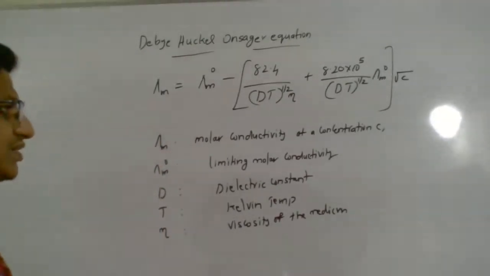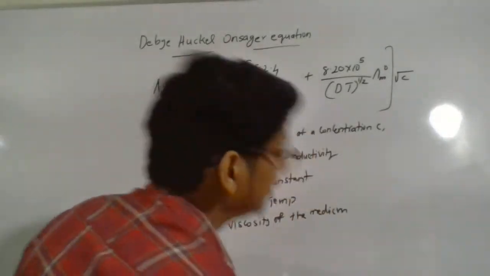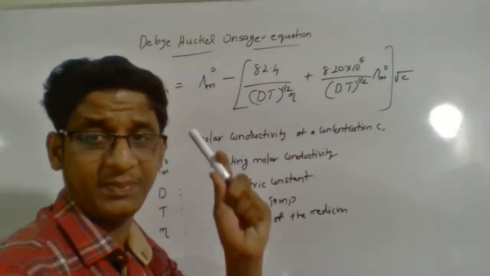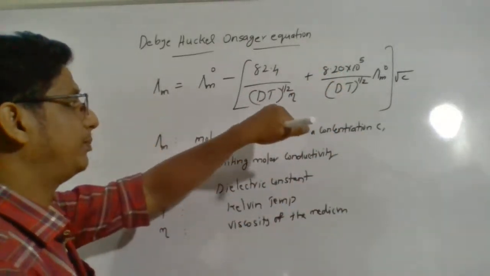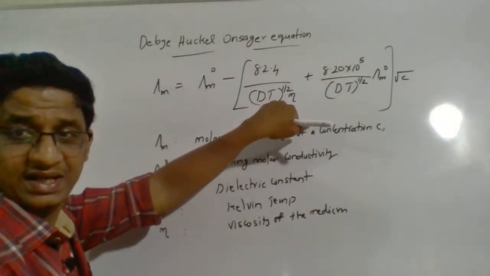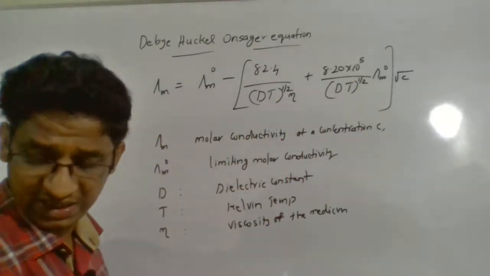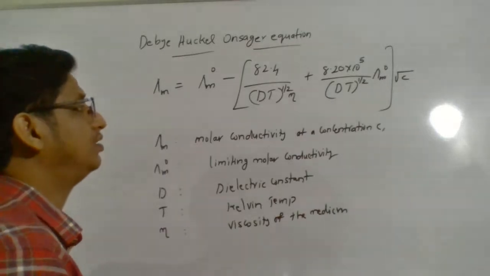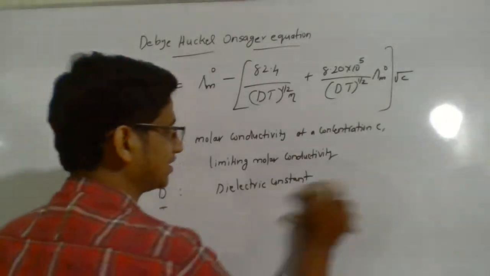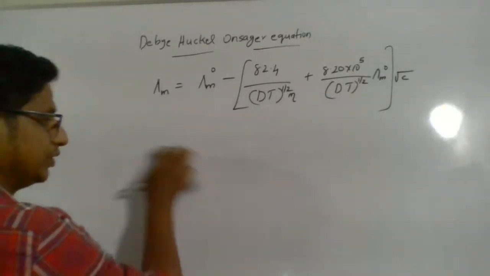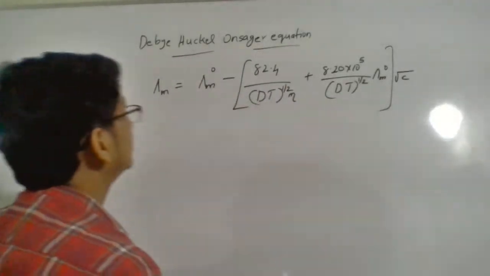We can now simplify it, because these are constant terms. This equation is modified based mainly on two effects, that is D, the dielectric constant of the medium, and temperature, as well as eta, the viscosity of the medium. So that's how the Onsager equation has been introduced.